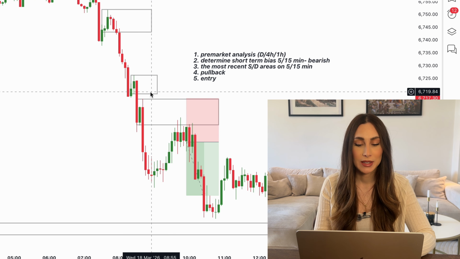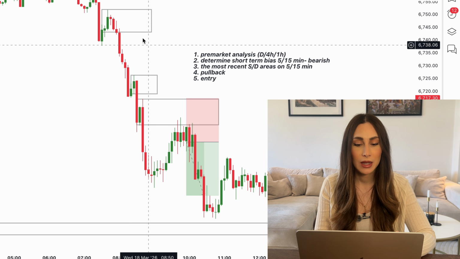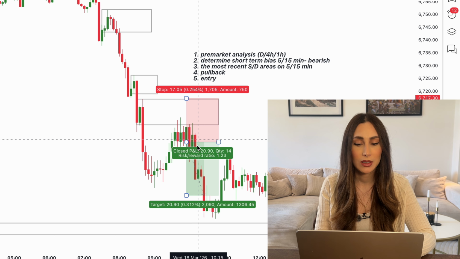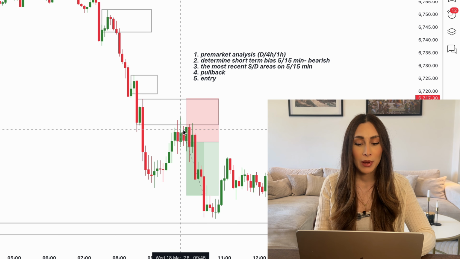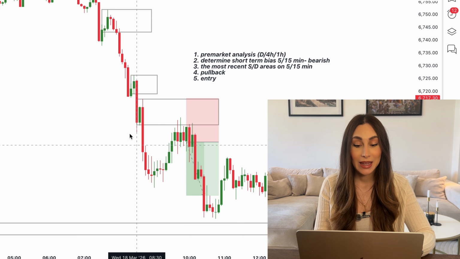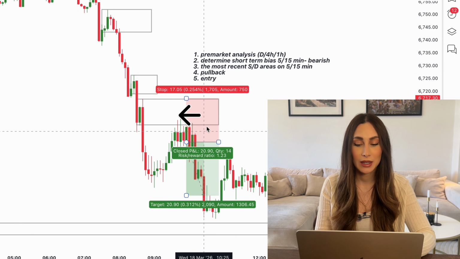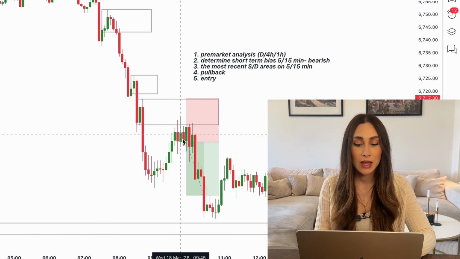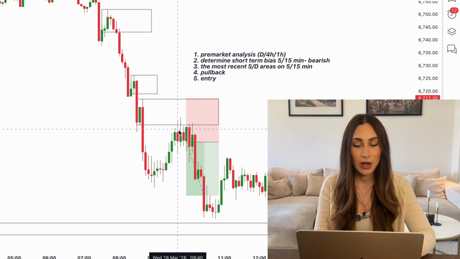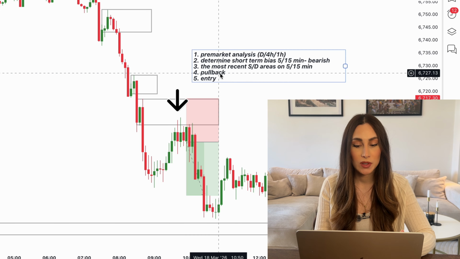As you can see, the price never pulled back into this area, neither into this one up here, but the price pulled back into the most recent green candle, which was this area right here that I marked out with this gray box. And as you can see, the price tapped into it and closed bearish.